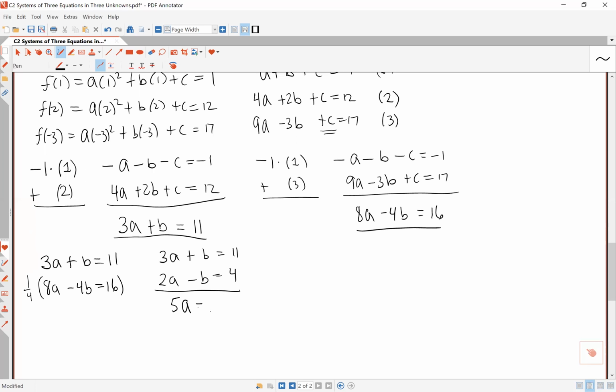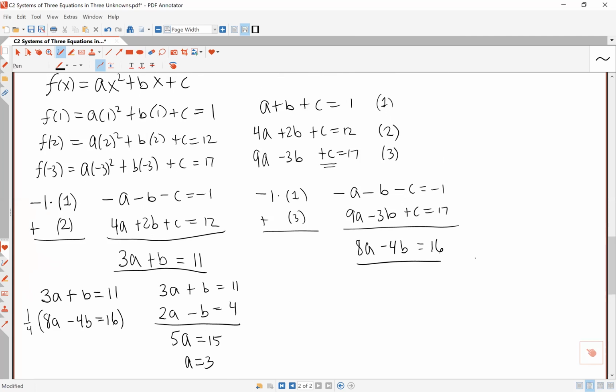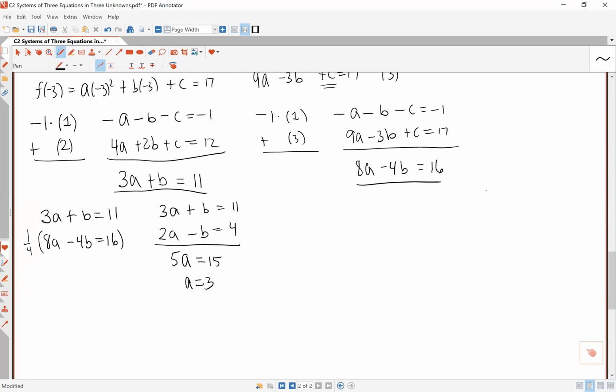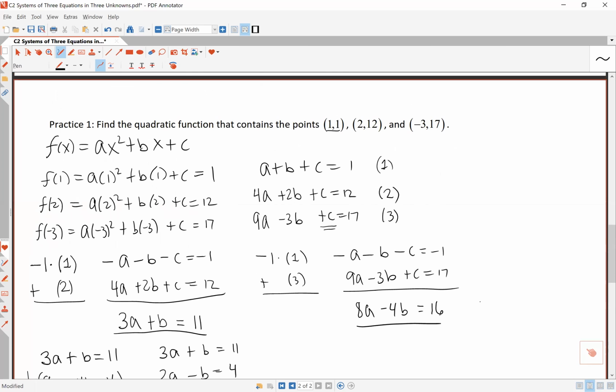We get 5a equals 15, which gives us a equals 3. Plugging that back into the first equation, 3a plus b equals 11 tells us that b equals 2. So we've got a equals 3, b equals 2.